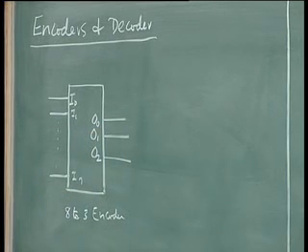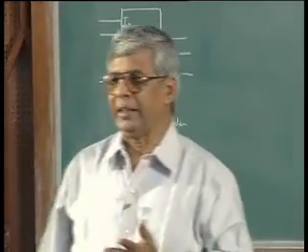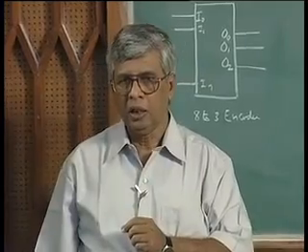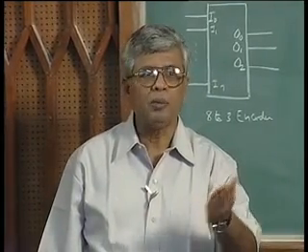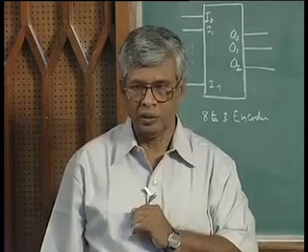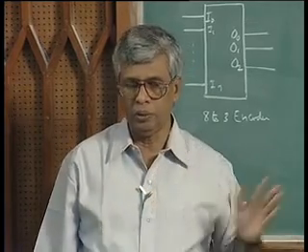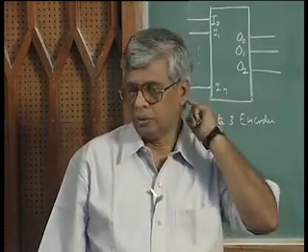Of course, there is a problem: more than one input can be high at the same time, then what happens? In which case we talk of priority. If more than one input is active at a given time, we do not know how to determine the output, but there can be some rules. You can build some rules into that. We will not talk about that. I am just going to tell you about this type of MSI which are available.